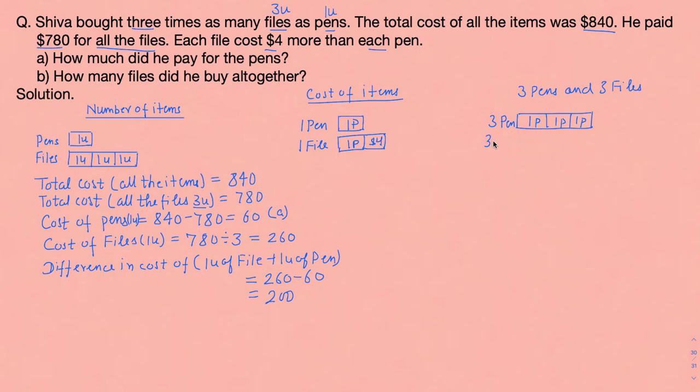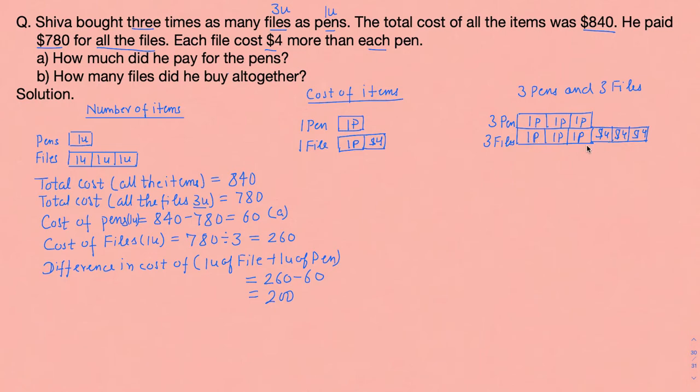Now how about the files? What will be the cost of 3 files? Obviously they will also be 3p, right? Because the cost of one file is 1p plus another $4. So the cost of 3 files will be 3p plus another how many dollars? Another $12, right? How? For each file there is an extra $4.